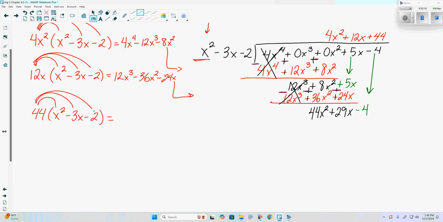And this time we're multiplying through by the 44. 44 times x squared is 44x squared. 44 times negative 3x is going to be negative. Well, we can do negative 3 times 44 in the calculator. It should give us negative 132x. And lastly, negative 2 times 44 will be negative 88.